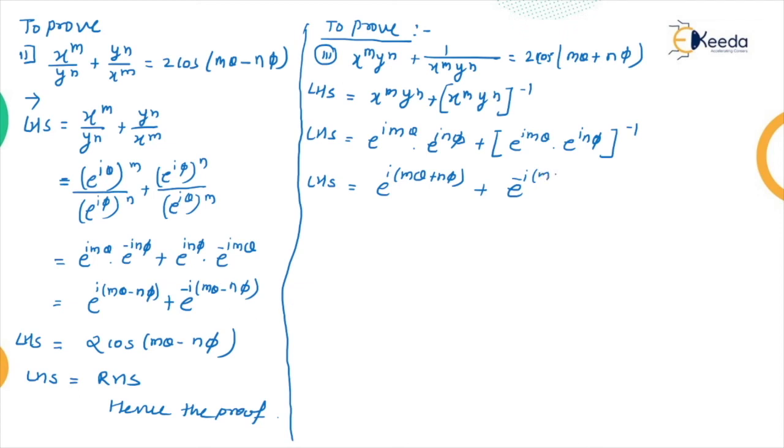So this is m theta plus n phi. Okay, so taking the minus sign as common in the powers or indices of e.